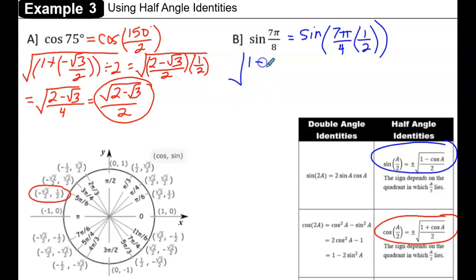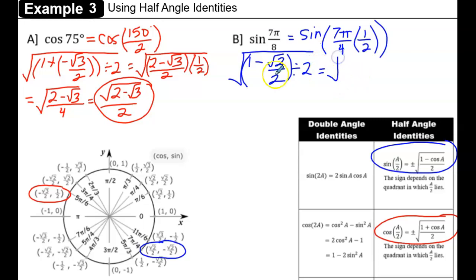In the numerator is 1 minus the cosine of that angle, 7 pi over 4, and 7 pi over 4 is here in quadrant 4, and I have a sine, or sorry, rather cosine value there of positive root 2 over 2. So I'll substitute that in for the cosine of the angle. Okay, then that is divided by 2, and that's all under the square root.